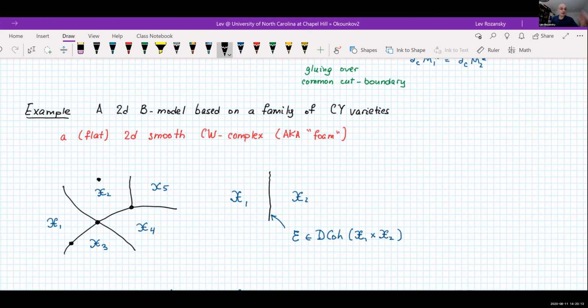You can have a point which is just all by itself. What is this? This is a flat, two-dimensional, smooth CW complex. So in topology, you learn what a CW complex is.